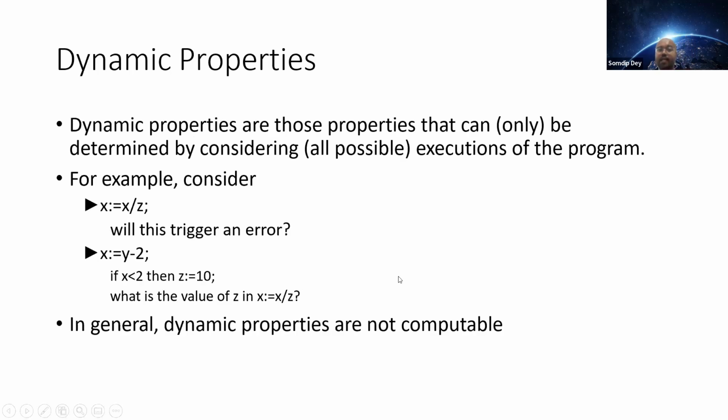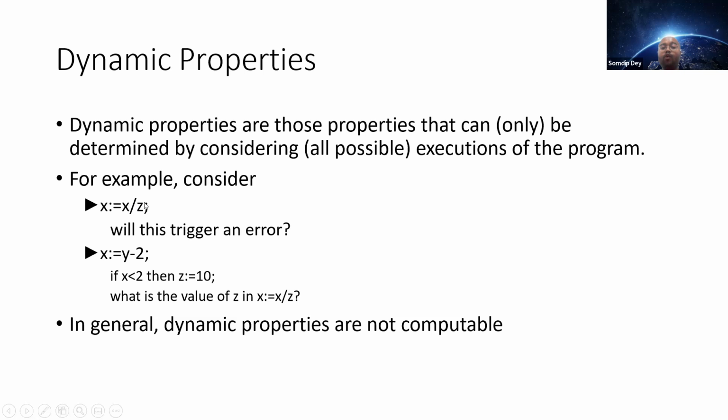On the other hand, you can also have dynamic properties. Dynamic properties are those that can only be determined by considering all the possible executions of the program. What does it mean? Let's say you are given the expressions x = x / z and x = y - 2, right?